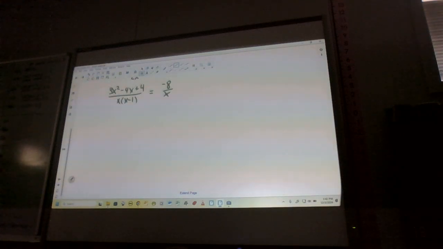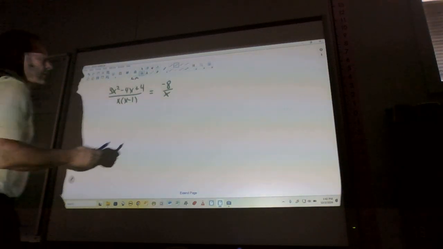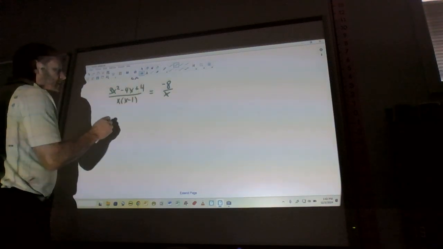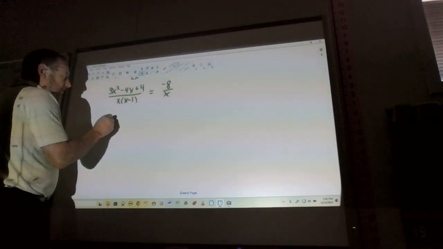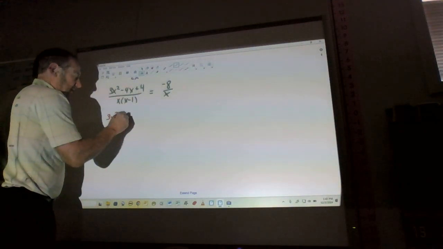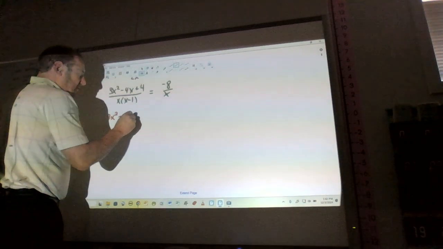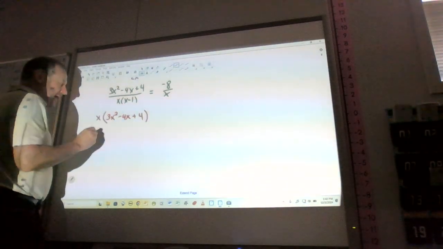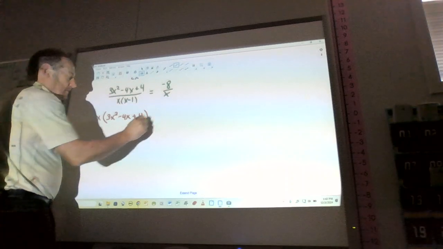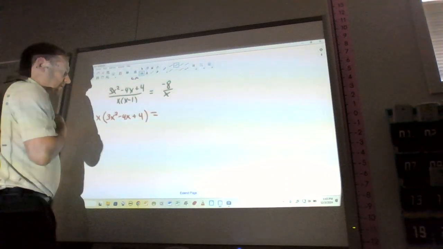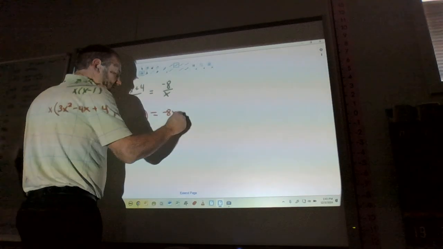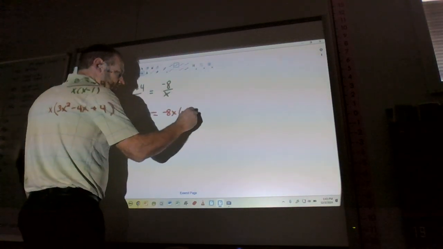Now this is just a proportion, so I can cross multiply. This should equal this, so I'm going to get 3x squared minus 4x plus 4 times x should equal negative 8x times x minus 1.